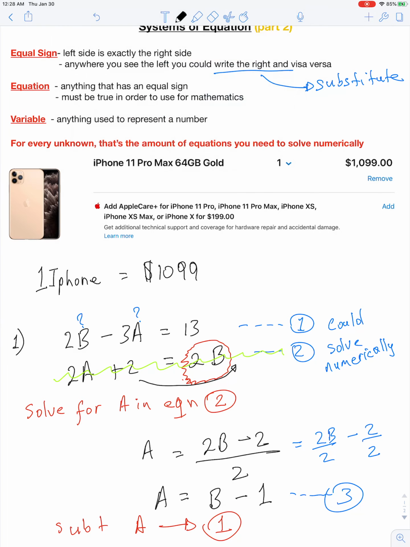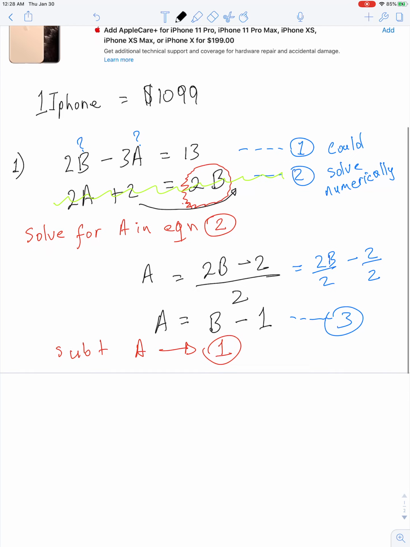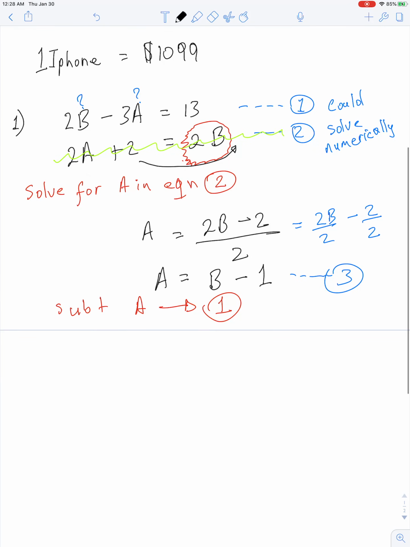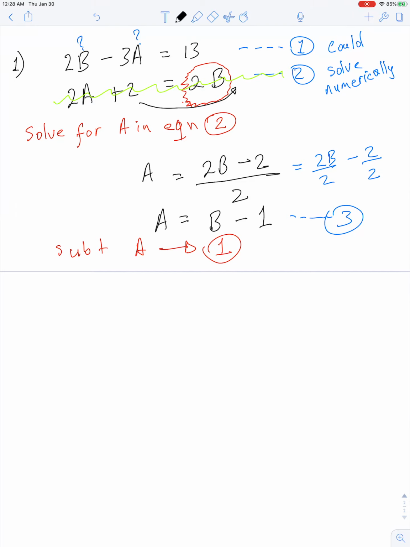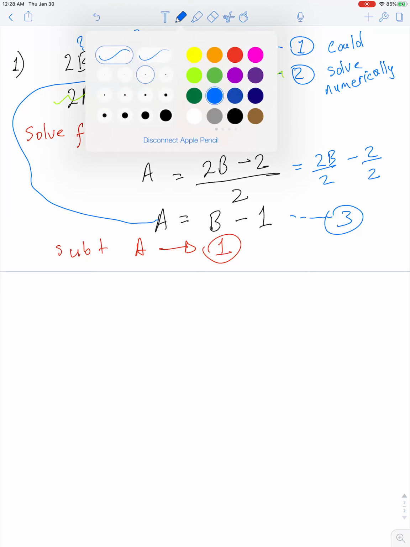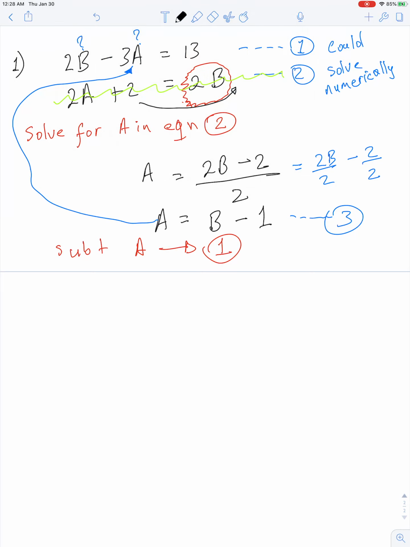All right, let's get some more space here and push this up. So I take this and punch it in here, because that's where I see A. Now I write 2b minus 3 times parentheses b minus 1 is equal to 13.